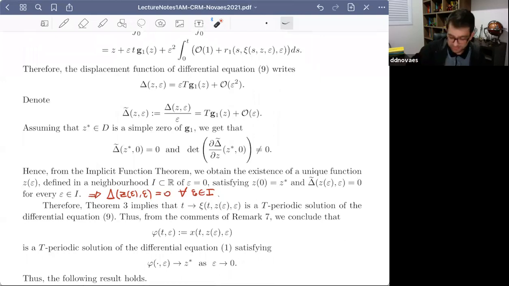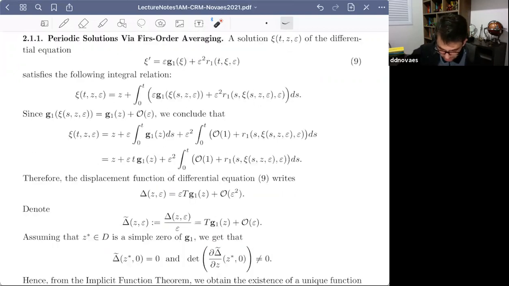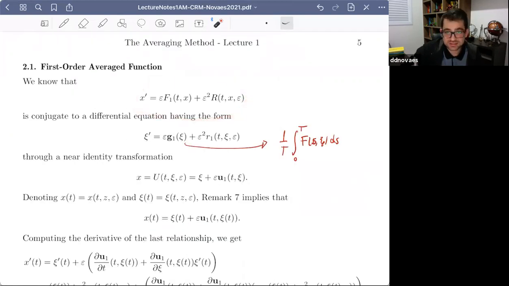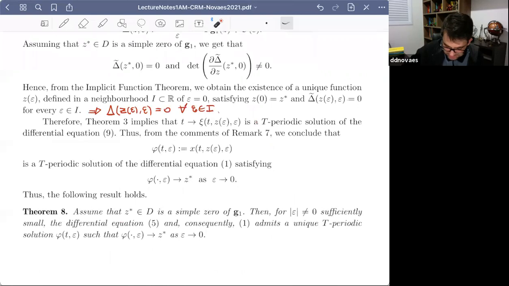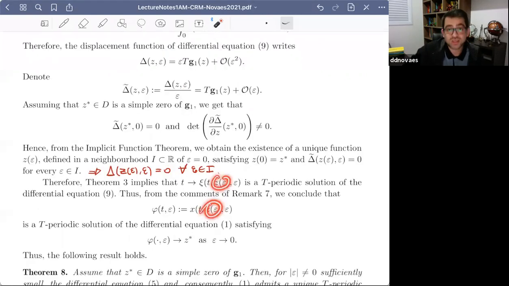And now, taking remark 7 into account, we know that the solution of the difference equation 1, or this one, which has fewer orders, the solution of this difference equation with the same initial condition, z epsilon, is also t-periodic. Then we find a t-periodic solution of our original difference equation.